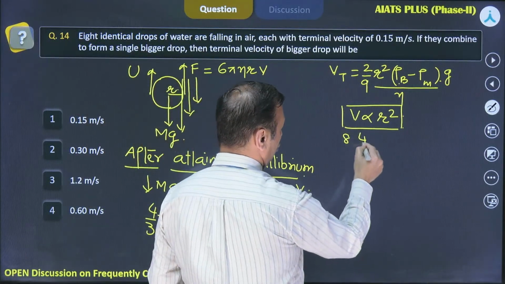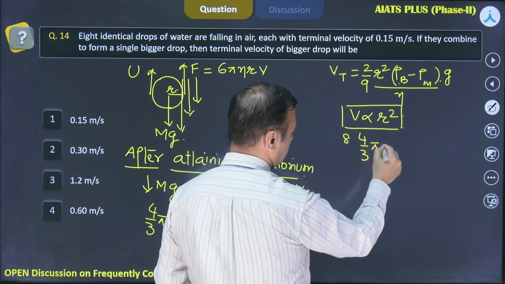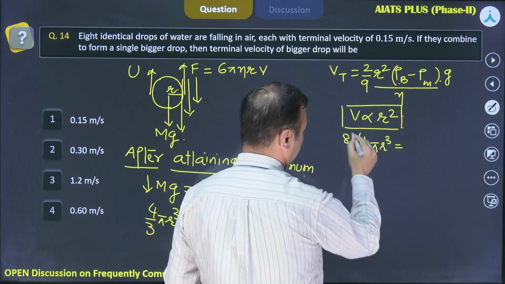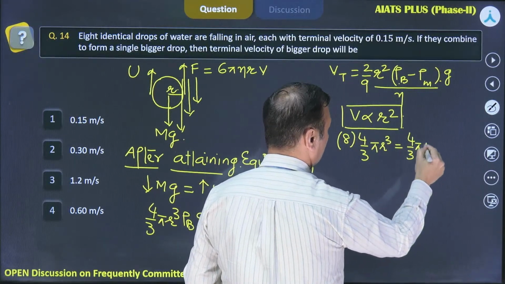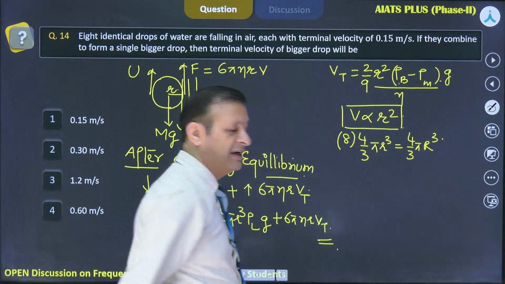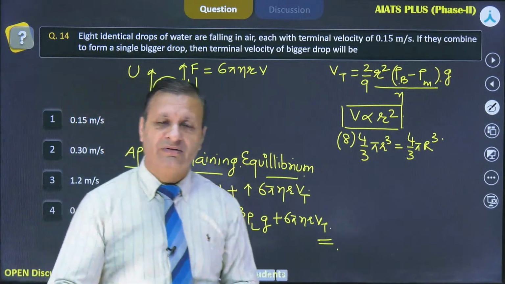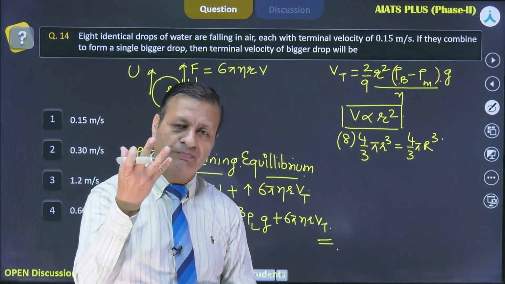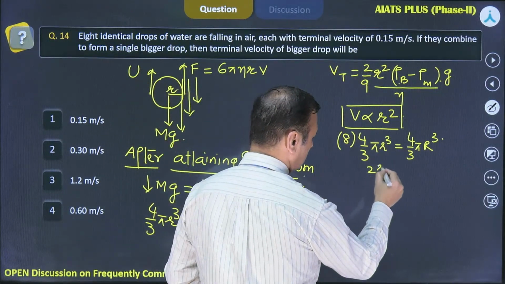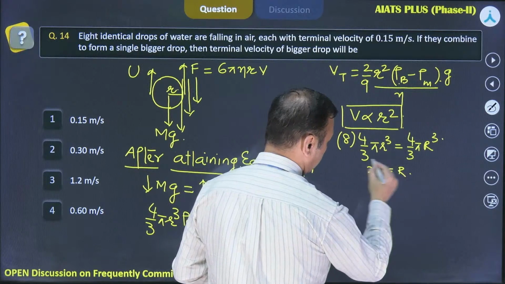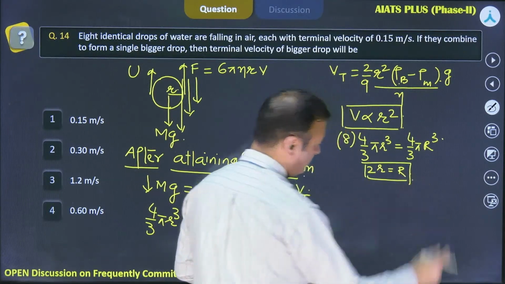So the volume of 8 identical drops combine to give you a bigger drop. Let's say when they combine, the size of the bigger drop becomes capital R. So when you solve it, can you understand this step?